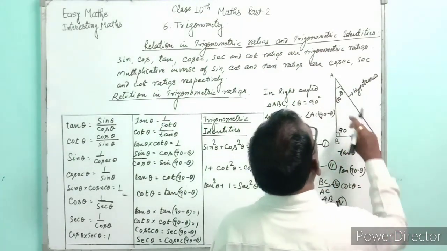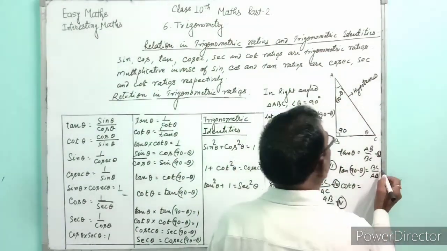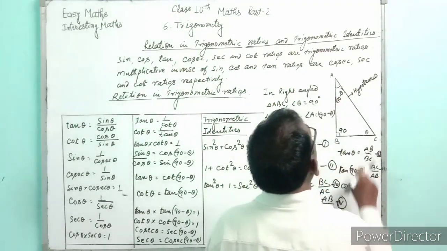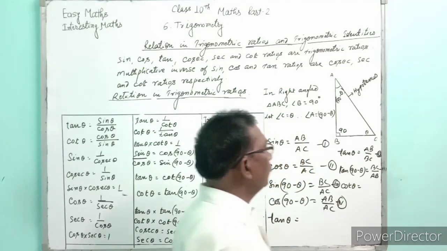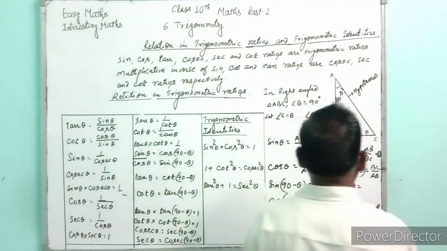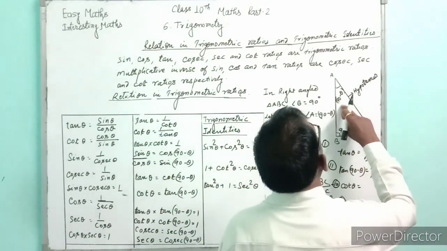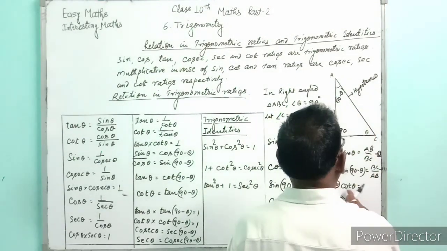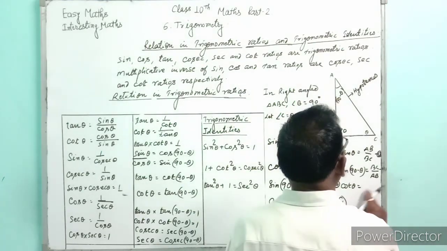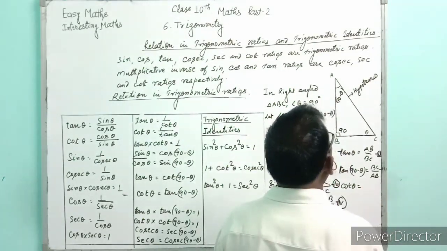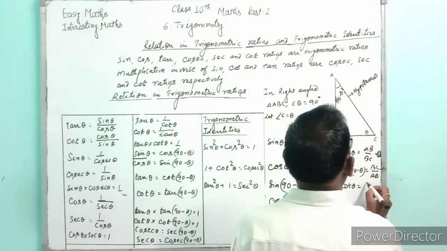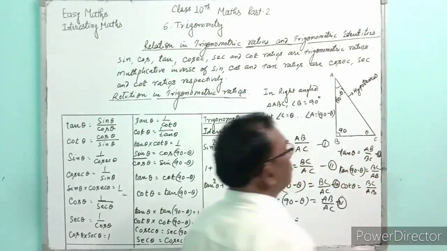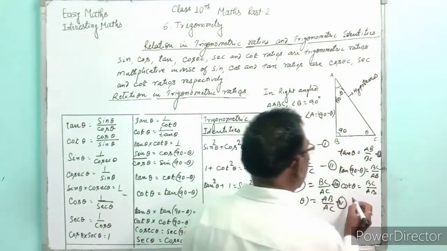Cot theta is equal to, this is number 6, cot theta is equal to the adjacent side of angle theta, that is BC, by AB, the side opposite to angle theta.